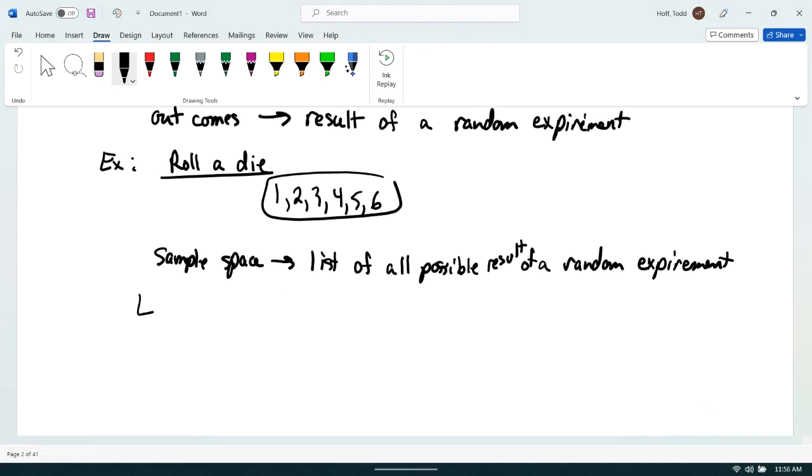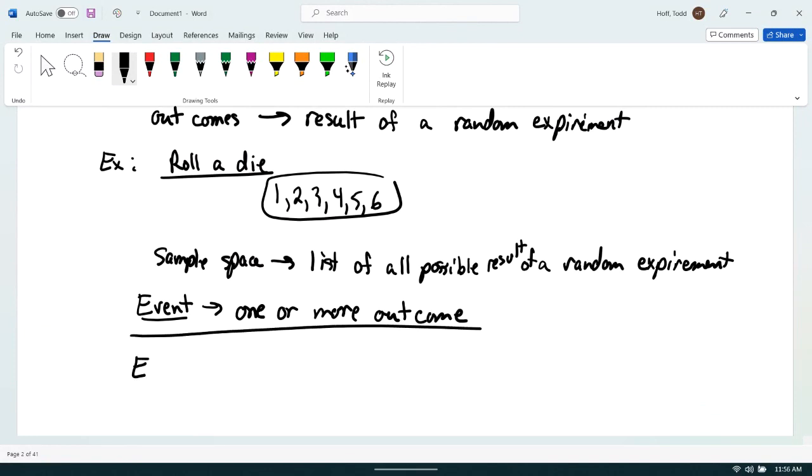And so then an event, and I misused the words a little bit up above here, is just one or more outcomes. So an example here, I could have rolling a 2. That would be an event. One of the outcomes of rolling the die is a 2.